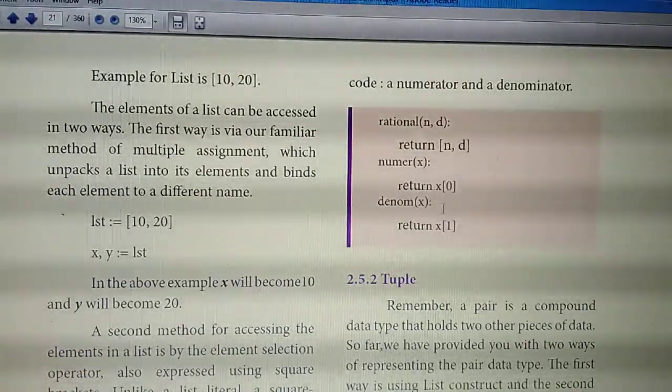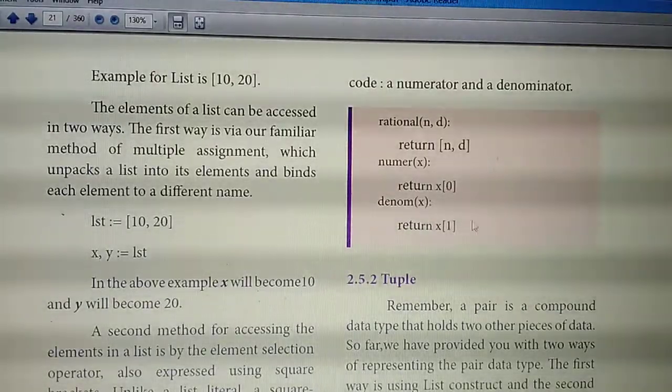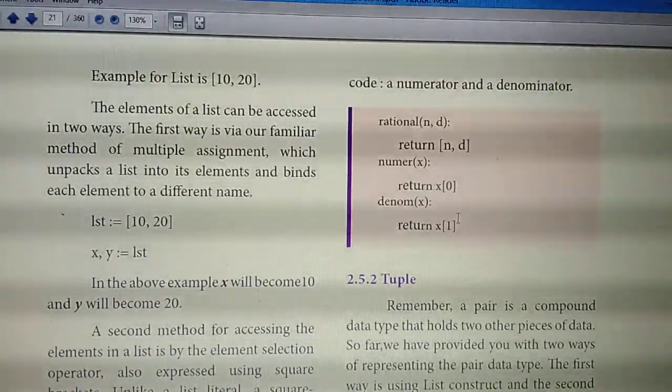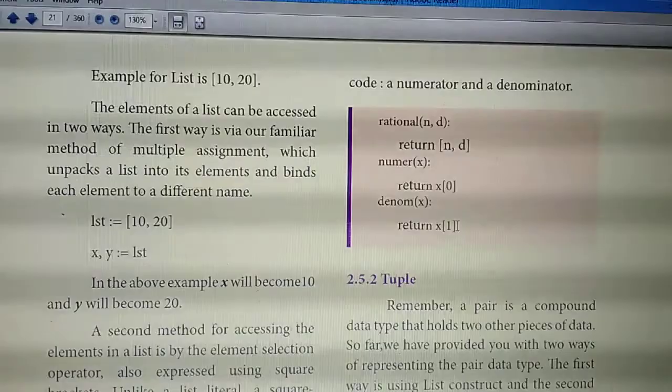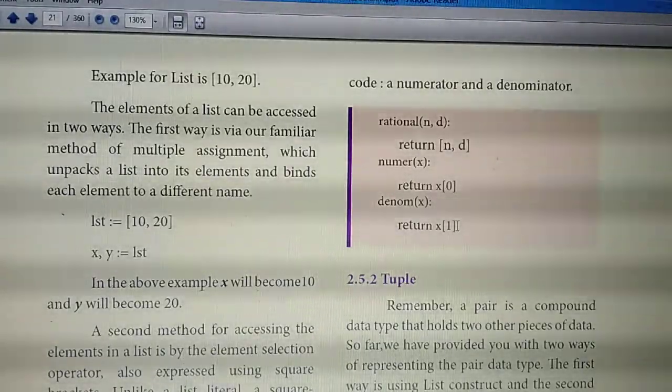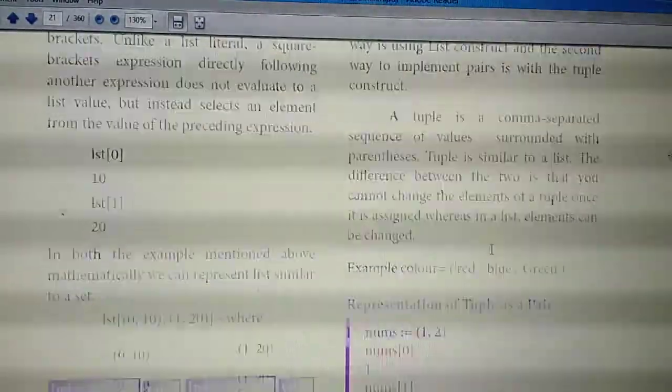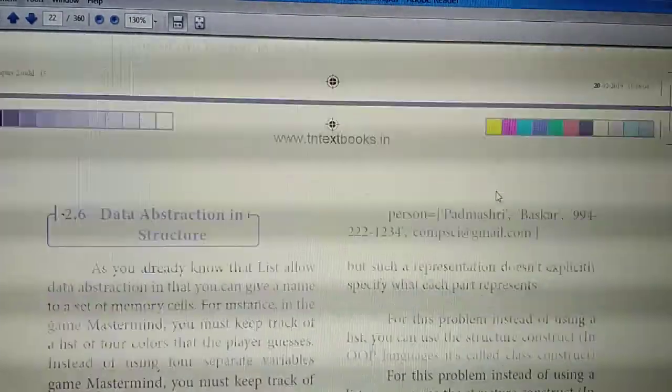Starting from there till this return x of 1. So, well marked. Then, how will you access multi-item? Page number 16, take page number 16.